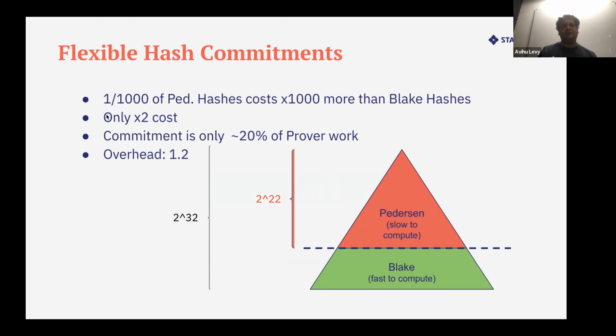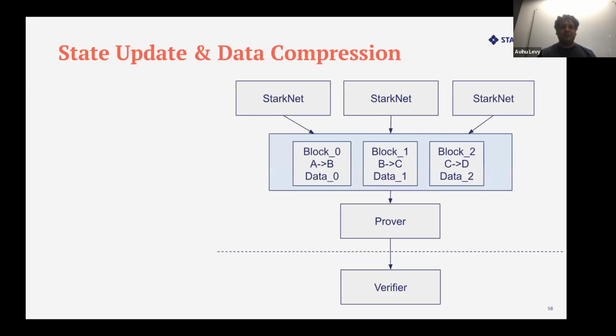So we only made the commitment cost 2x more to compute. And if we remember that commitment is not the entire work of the prover, but let's say 20% of the work, so the total overhead will be something like 1.2 over the existing prover. So overall, the prover pays 20% more, but the verifier gains maybe 8 times faster. So overall, we get an improvement that is close to 8 times.